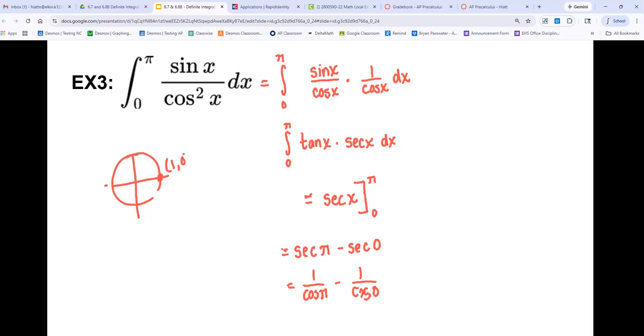Cosine is your x coordinate there. So we've got 1 over negative 1 minus 1 over 1. That is going to give us negative 1 minus 1, and we get negative 2 for our answer.